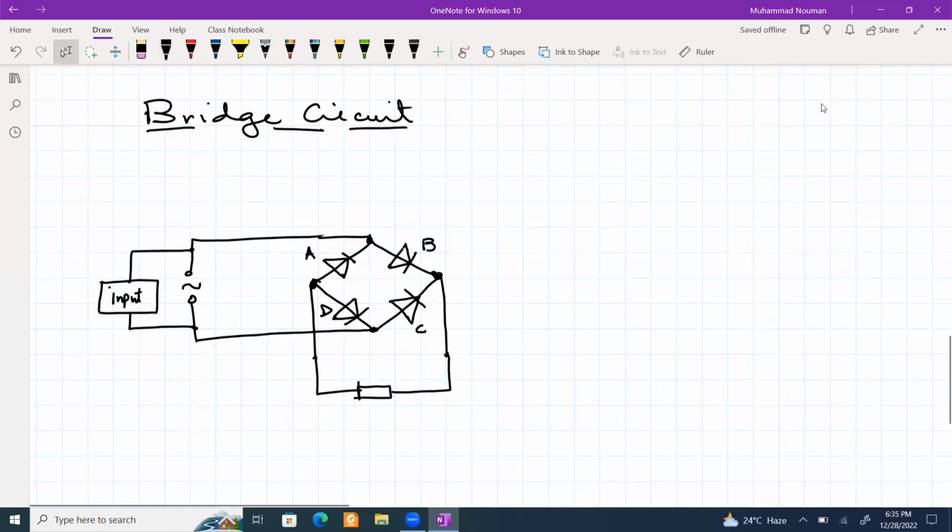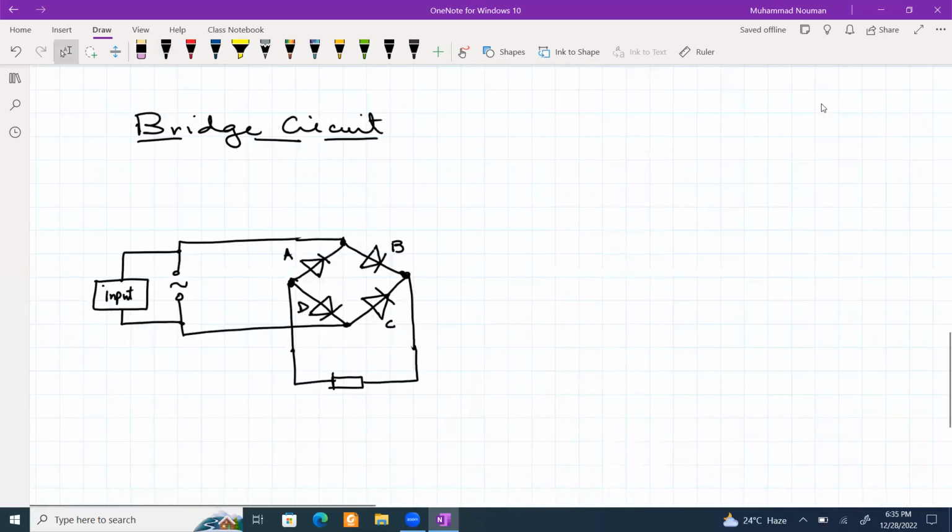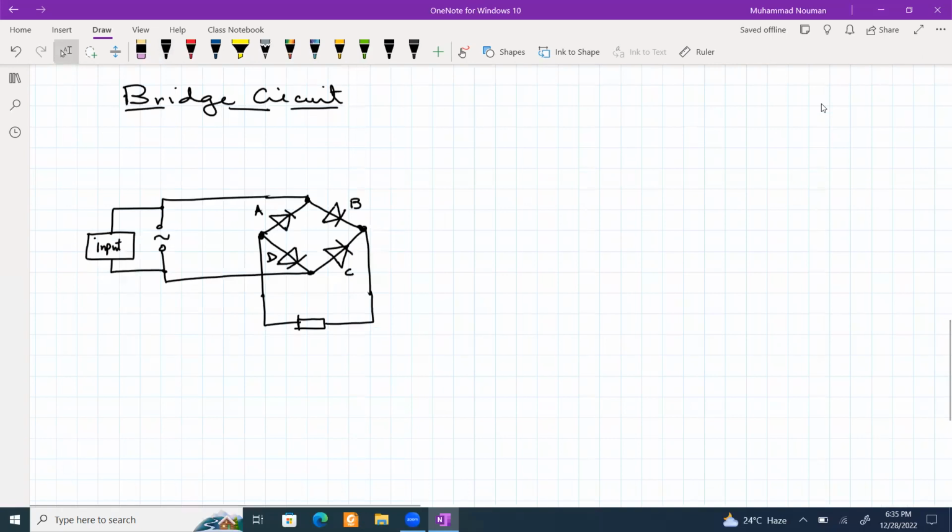On the other side, I connect another CRO to my load resistor that will give me the waveform of the output voltage. So the input I provide passes through this bridge circuit, and it provides me output, and the output will be drawn as well.